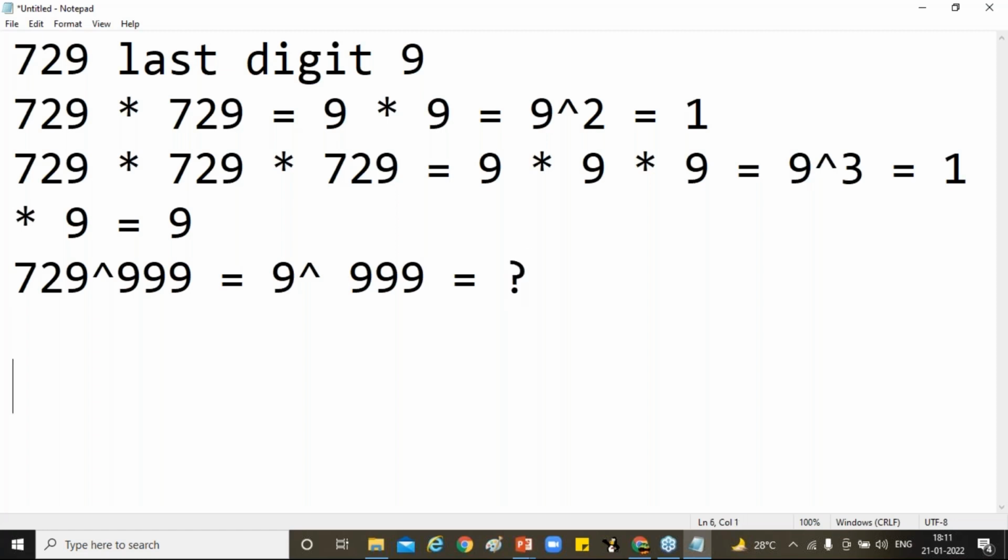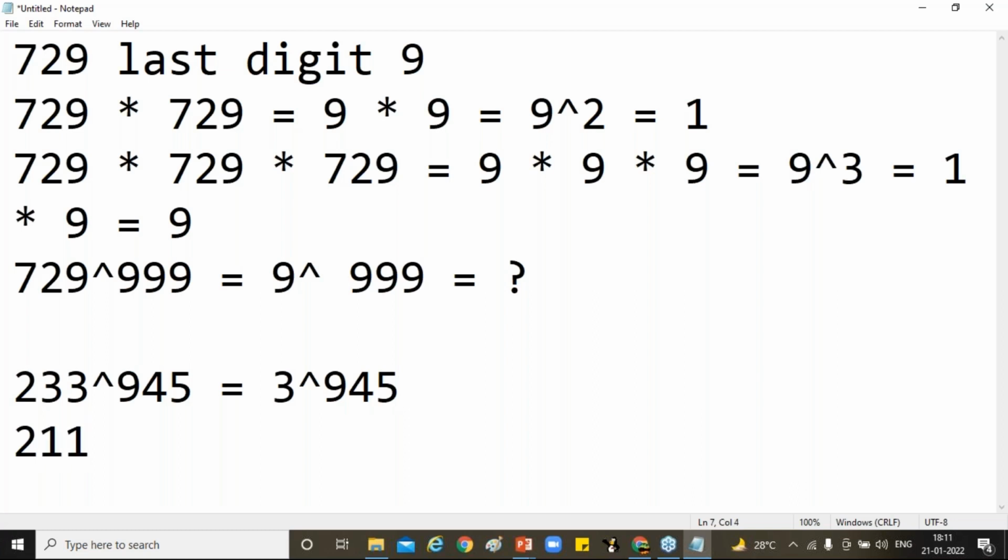Similarly, if they ask 233 whole power 945, it depends on 3 power 945. 211 whole power 499 depends on 1 power 499. So in place of 1, that may be 3, that may be 9.